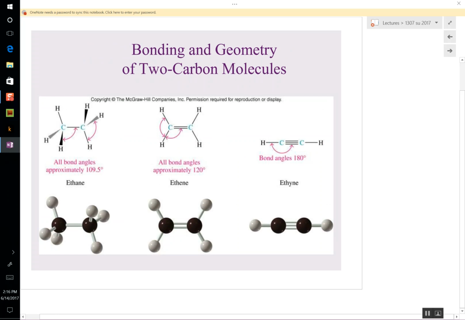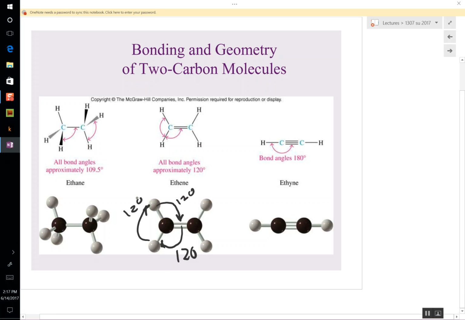All right, the models you can see right there. This is interesting because it shows you that we've got 120-degree bond angles around the double bond.